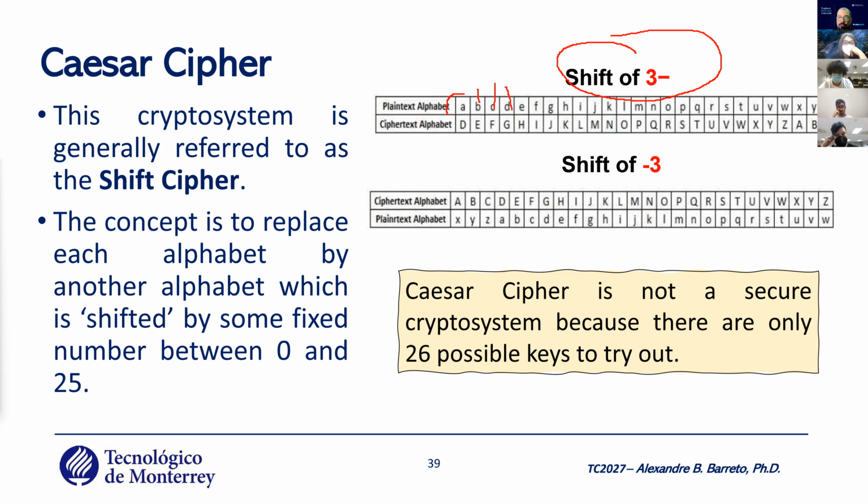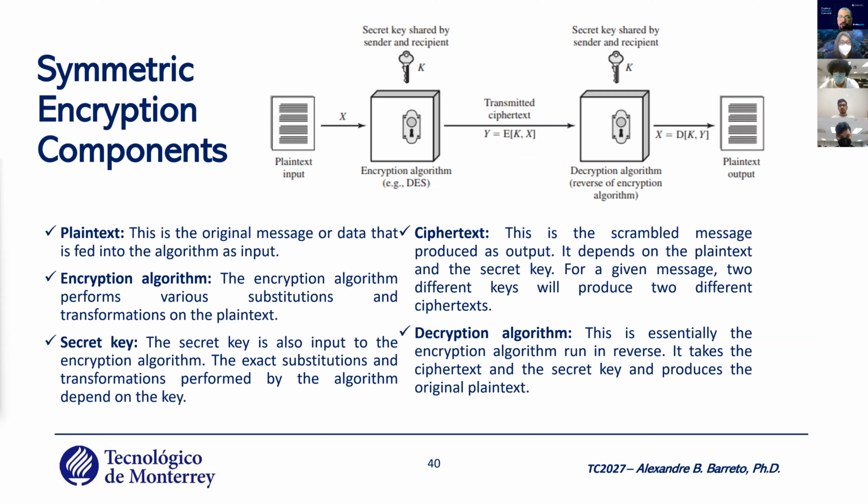Now A is D, and you continue the alphabet. If you use the shift -3, it is the opposite side. You make the shift to this side here. Any questions about this process? No, it's very simple, no?